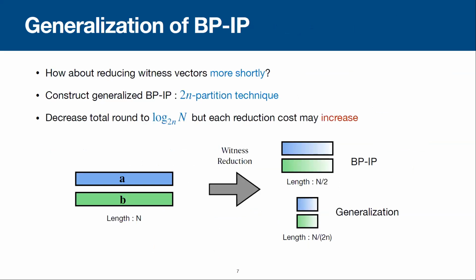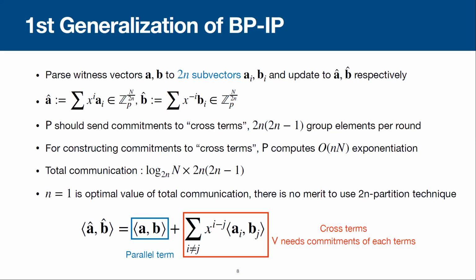Then how about reducing witness vectors more shortly? We construct a generalized BPIP from the 2n partition technique. Then we expect to decrease the total rounds to log n based 2n, but each reduction cost may increase. Let's look at more detail.